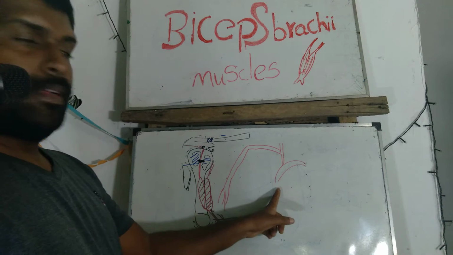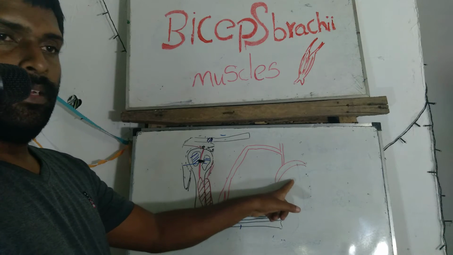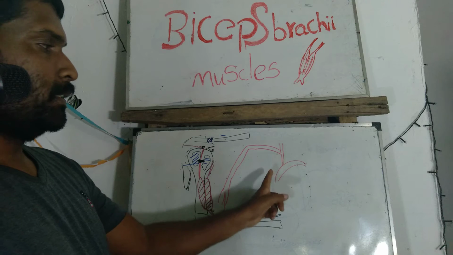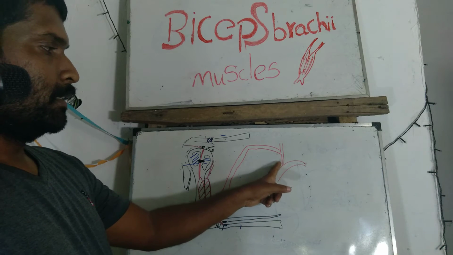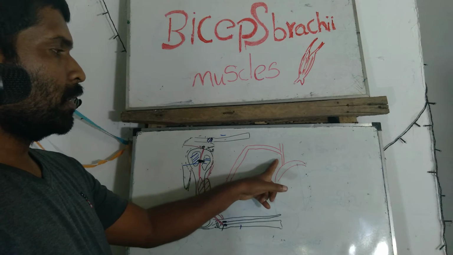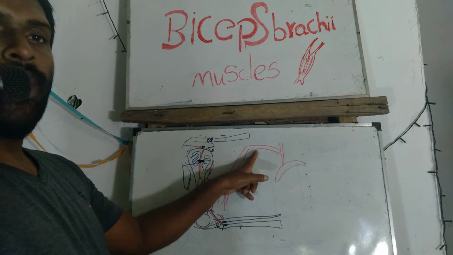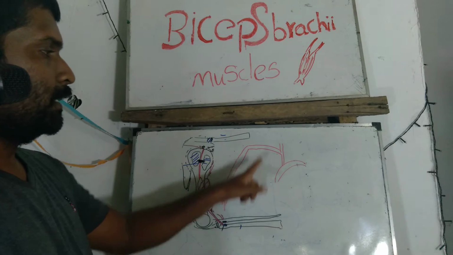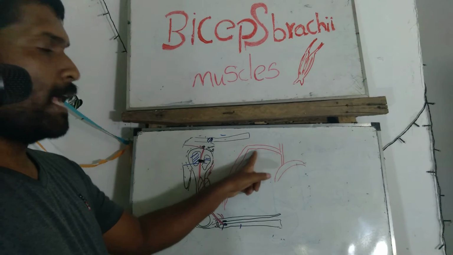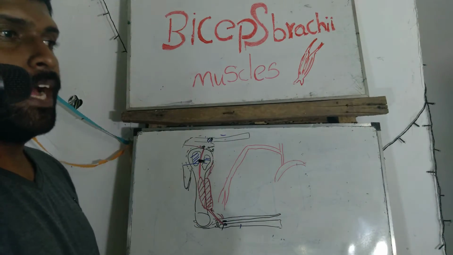This is the aorta. Blood is pumped upward. This is the subclavian artery. Blood goes to the left side and right side. There are two subclavian arteries.